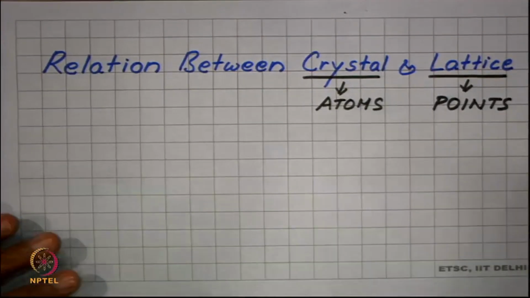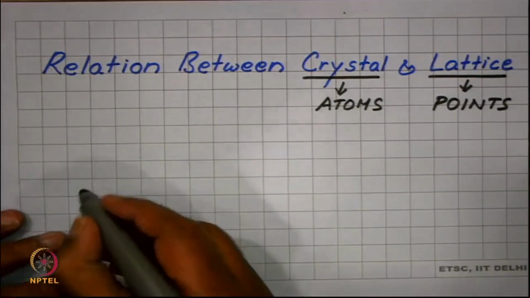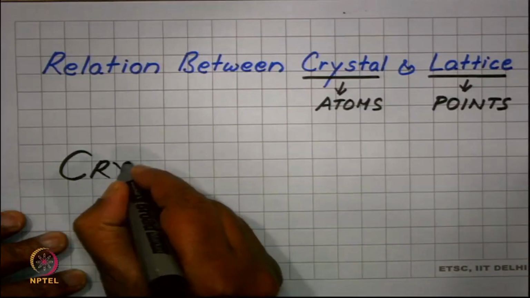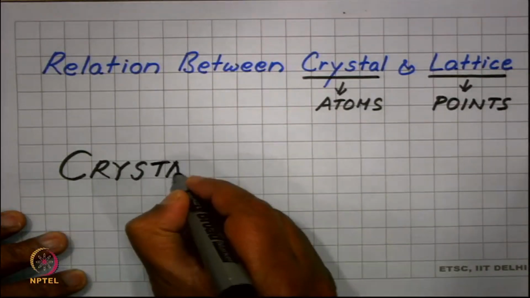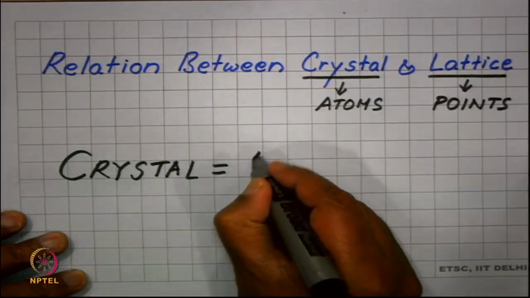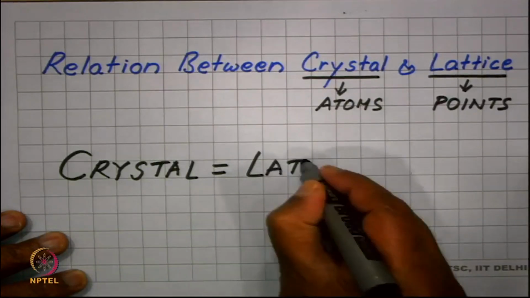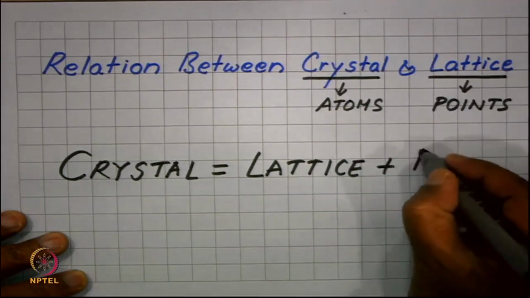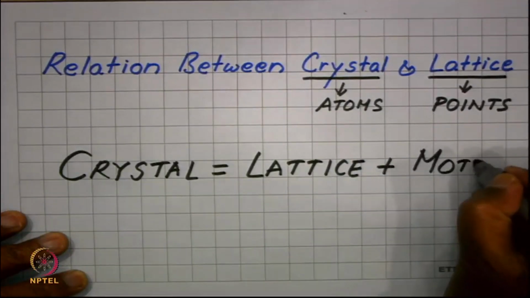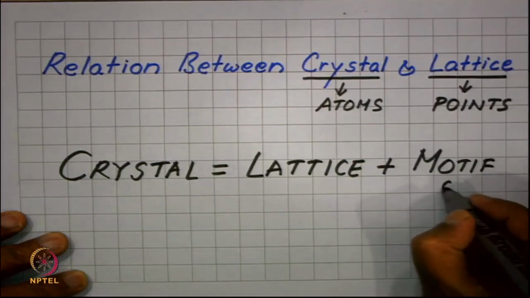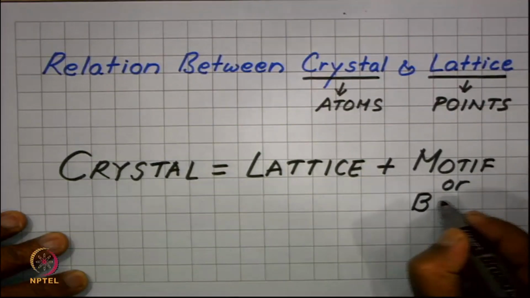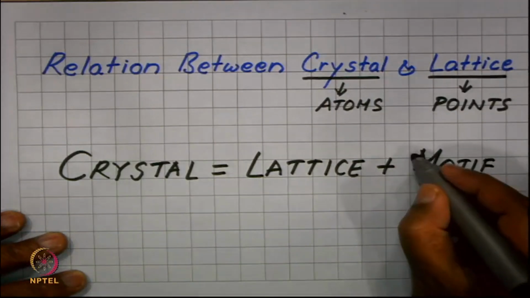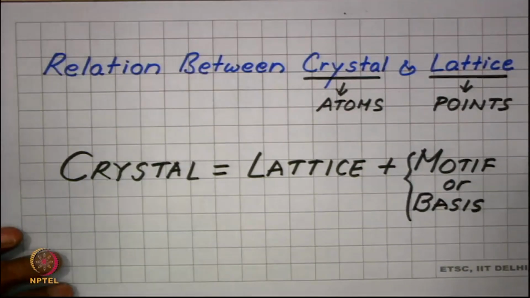So, the relationship between them is expressed by an equation: crystal is equal to lattice plus motif or basis. These are synonyms. You can call it motif or basis.